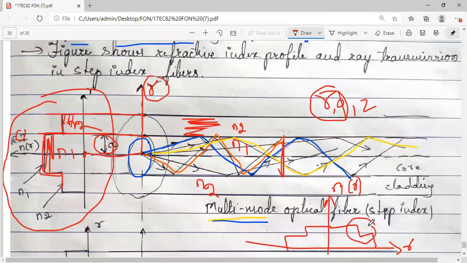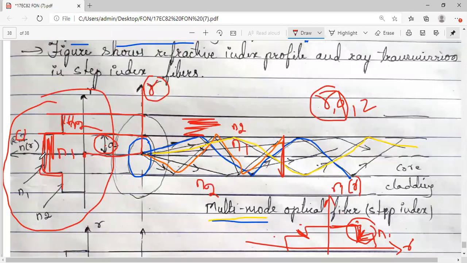So if you see, at the interfaces, these two points, there is a change from N1 to N2 and N2 to N1. This change is in the form of a step. Unit step, you have studied, the signal. So the structure is in the form of a step. That's why it is called step index fiber.